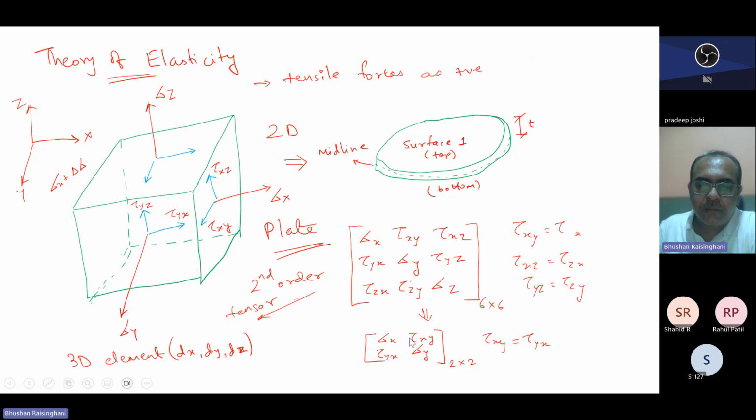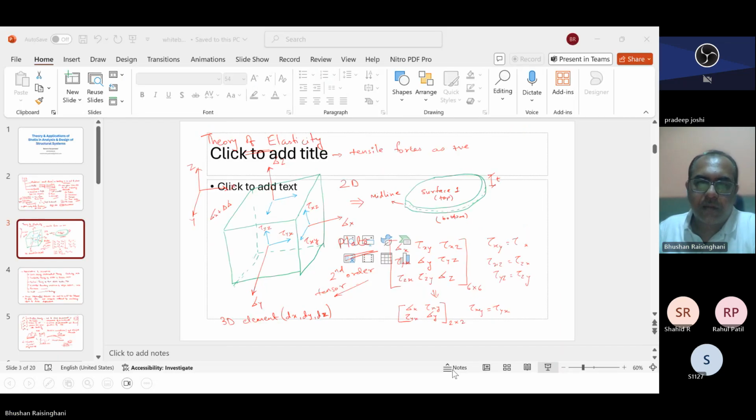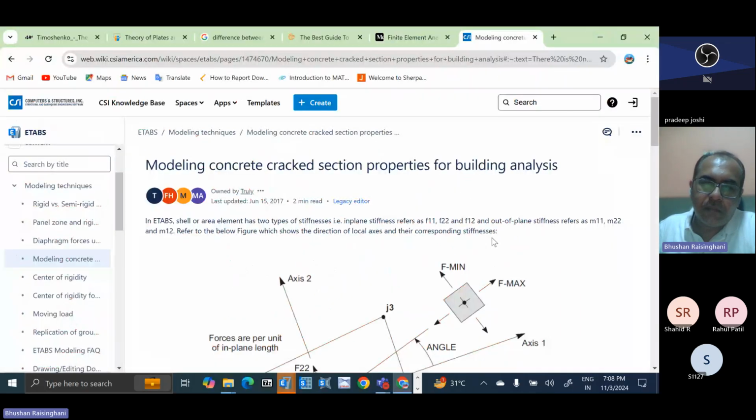Now what you want is tau xy and tau yx. This is remaining in the matrix. The same you can see here. F12 and F21 both are the same values. So this is the tangential stress of the 2x2 matrix that you use. This is my sigma x, my sigma y, and this is my tau xy. Am I clear? Yes, sir.